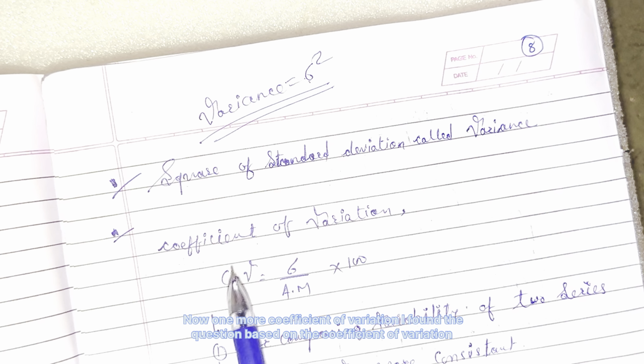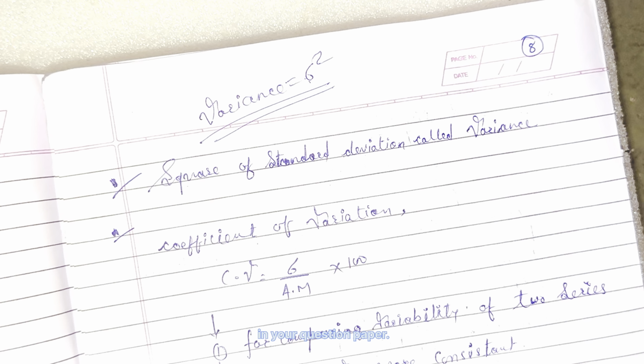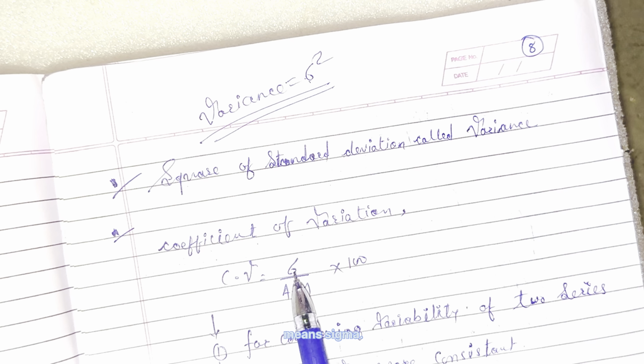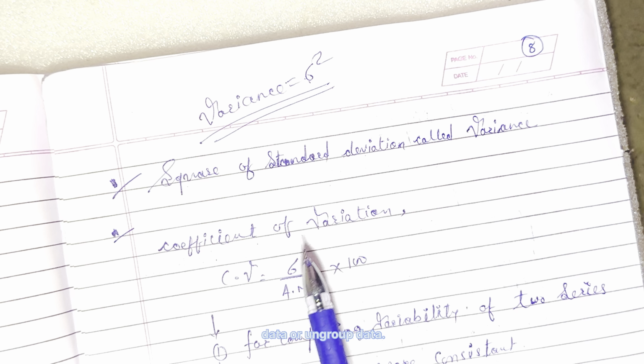I found a question based on the coefficient of variation in your question paper. You will get a raw data set in your question paper and be asked to find the coefficient of variation. First of all, you find the standard deviation, sigma, after figuring out whether it applies to grouped or ungrouped data.